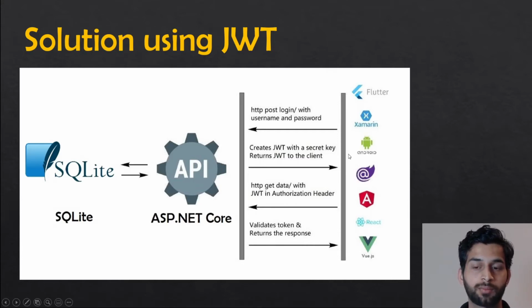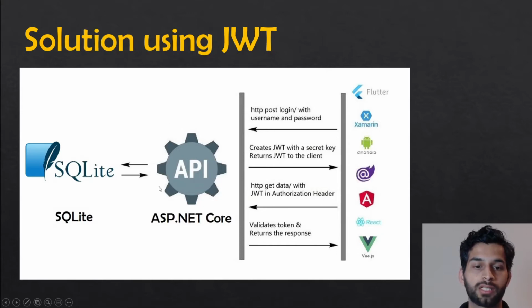Now it's the client's responsibility to store that JSON Web Token. Once the client has the JSON Web Token, then it can send that token to authorize the request. This JSON Web Token is generated using a secret key, which only the server knows. That's why the server can validate that JSON Web Token.